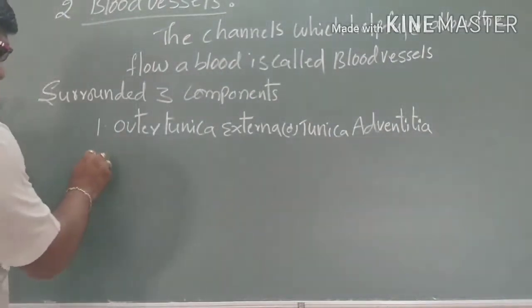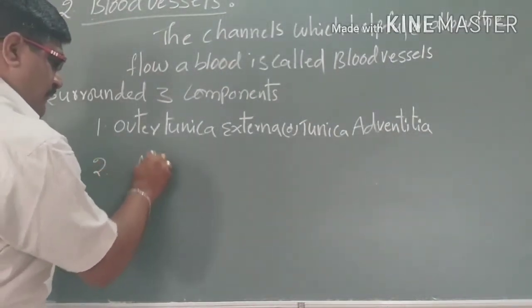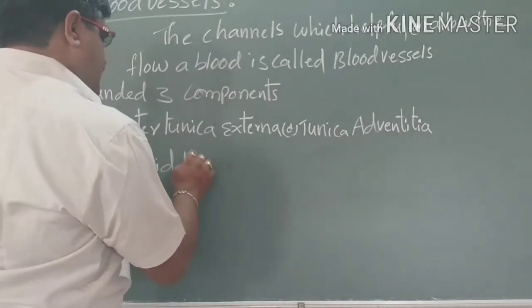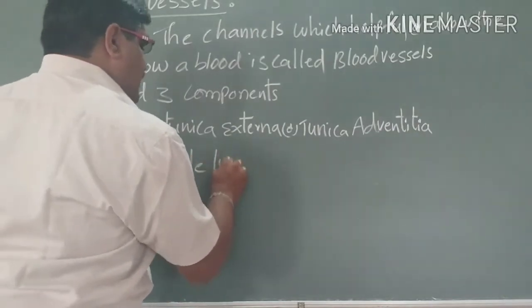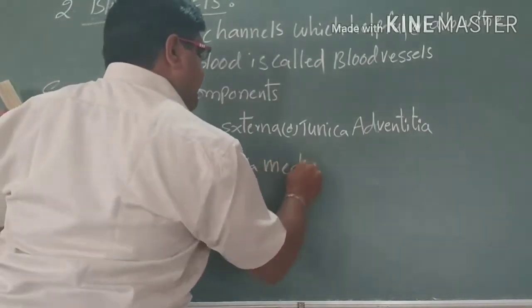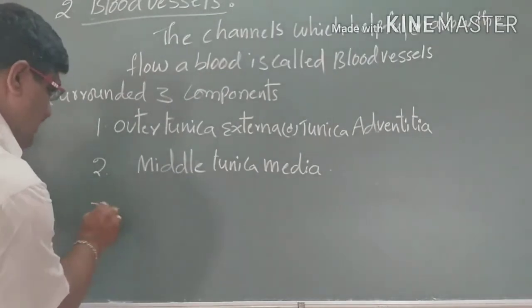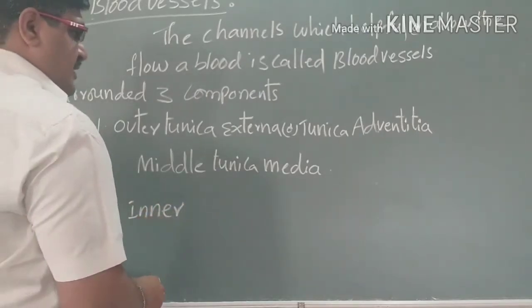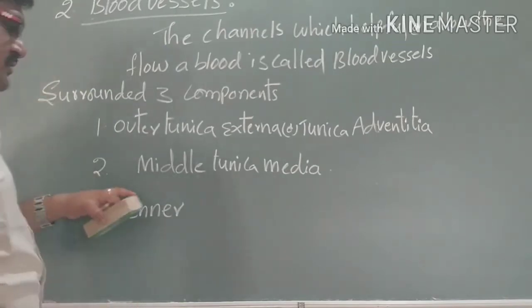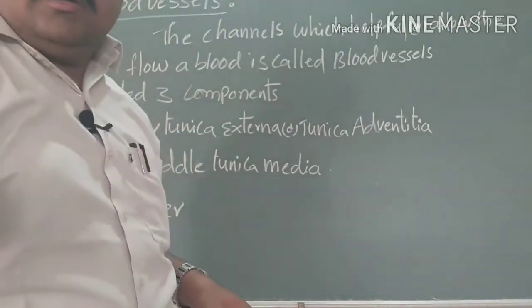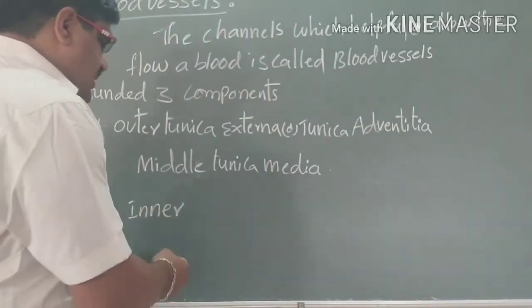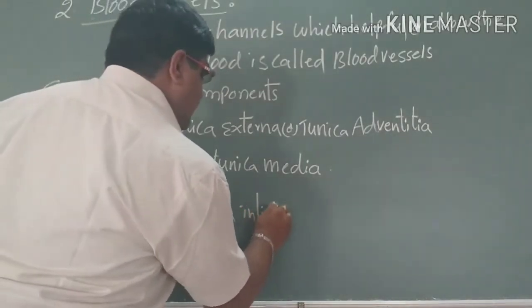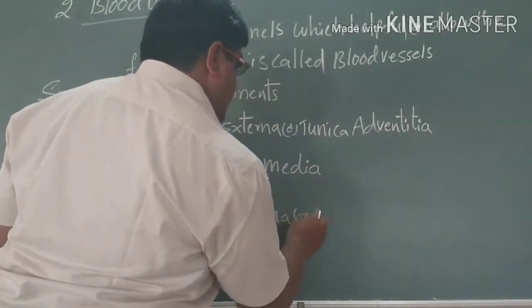The second one is the tunica media, and the last one, the third one, is the inner layer, the tunica intima, or we can call it the endothelium.